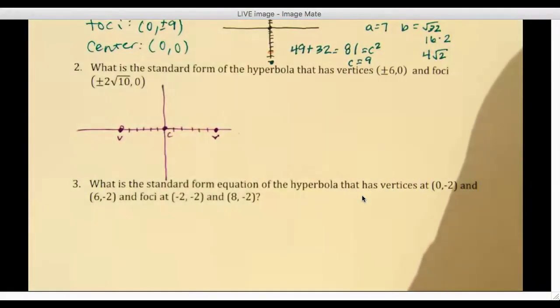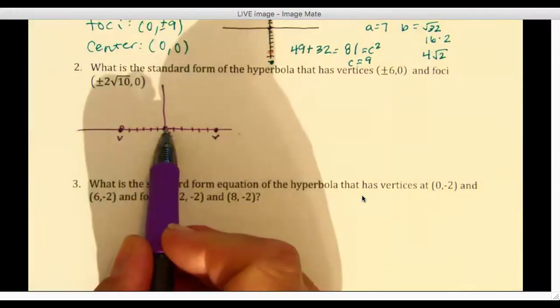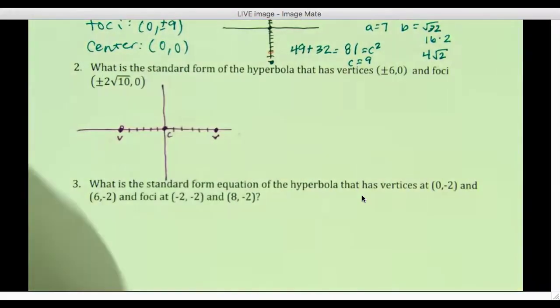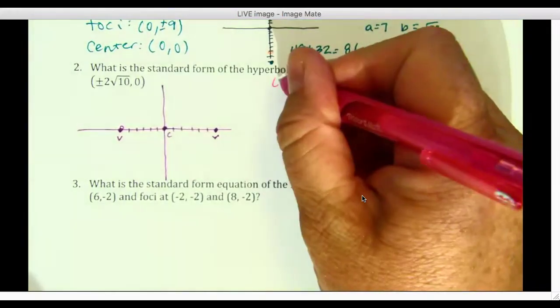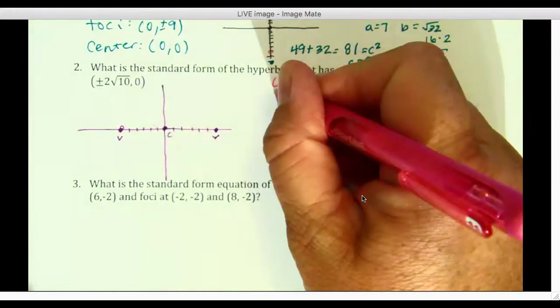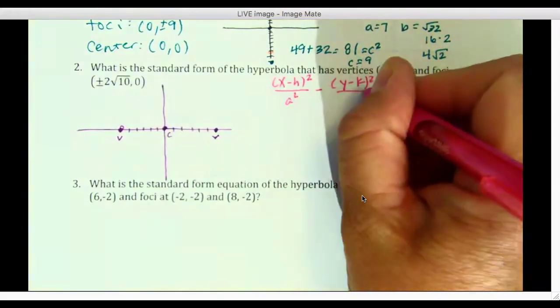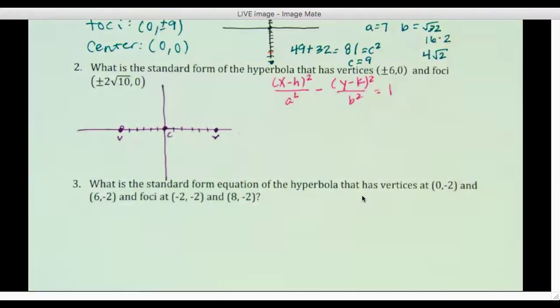Okay, so they asked for the equation, and if I have vertices here and here and my center, that means that this is going to be a horizontal hyperbola. So the equation I should be using would be x minus h squared over a squared minus y minus k squared over b squared equals 1.